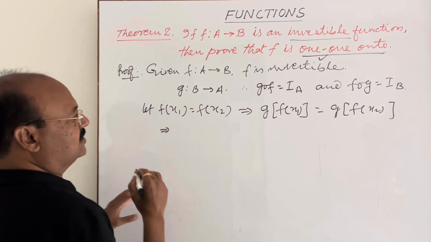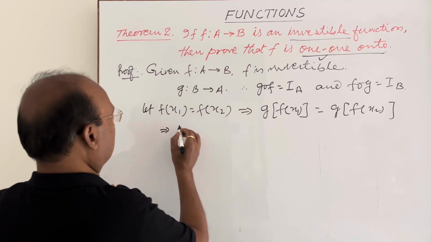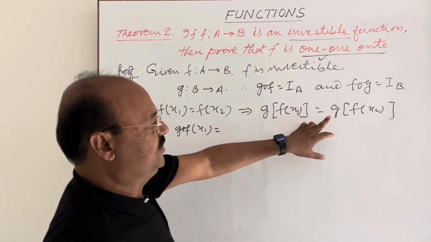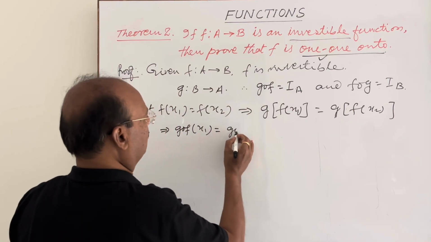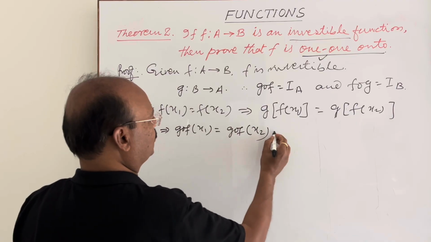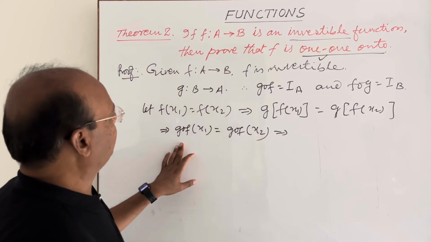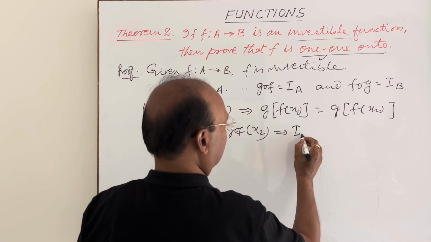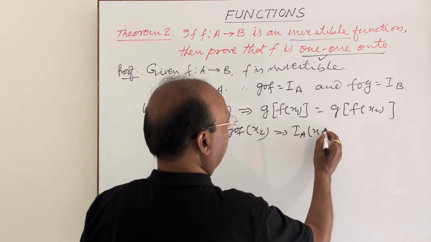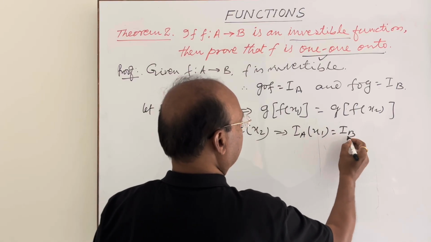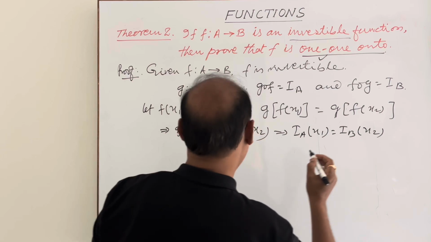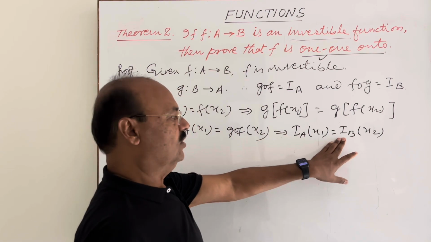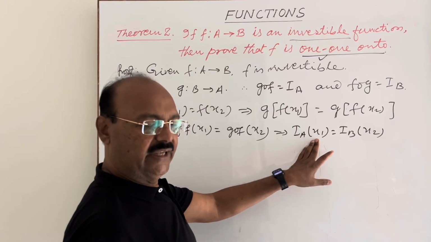and this is g operation f of x1, and this is g operation f of x2, and g operation f is I_A, the identity function in set A. So this is the identity function of x1 is equal to the identity function of x2, and since these functions are identity functions, the image of the element is equal to the element itself.